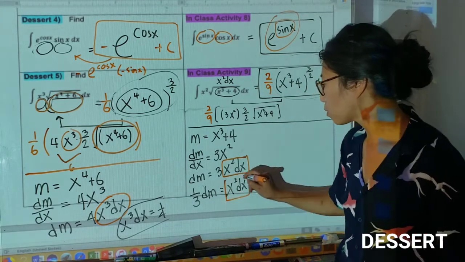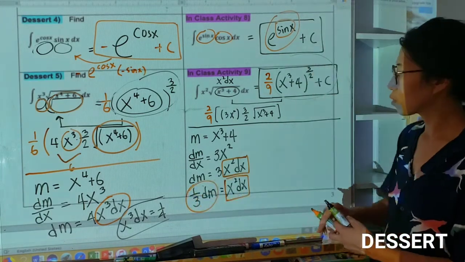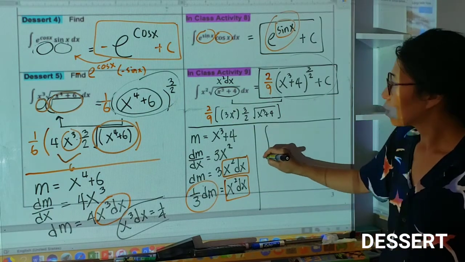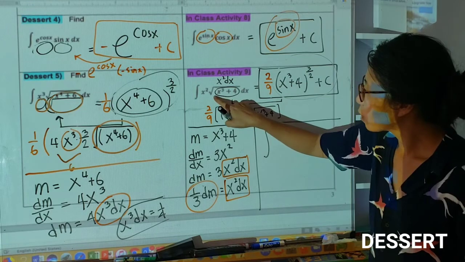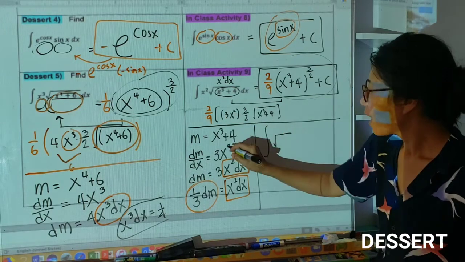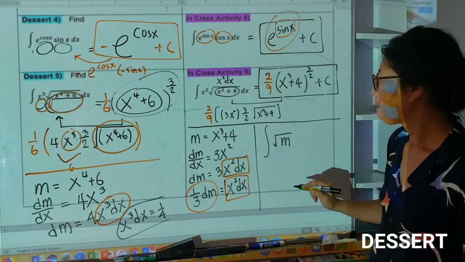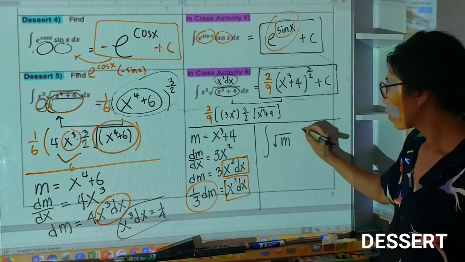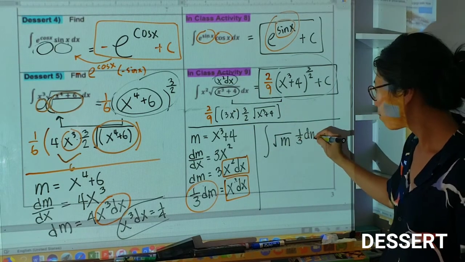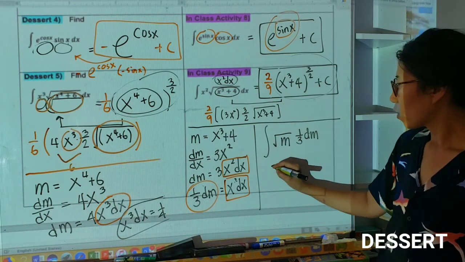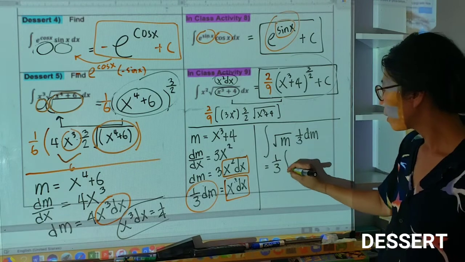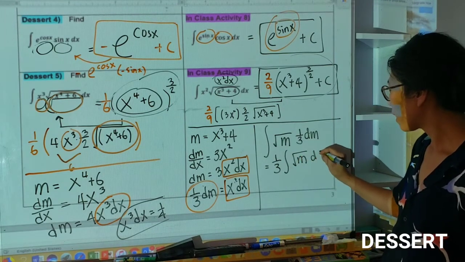So I can rewrite this one to this one. Let's substitute back, ready. So the integral of the square root of m, and then I have an x squared dx left. x squared dx is 1/3 dm. If you don't like that 1/3, you can always pull it in front. So I can put 1/3 times the integral of the square root of m dm.